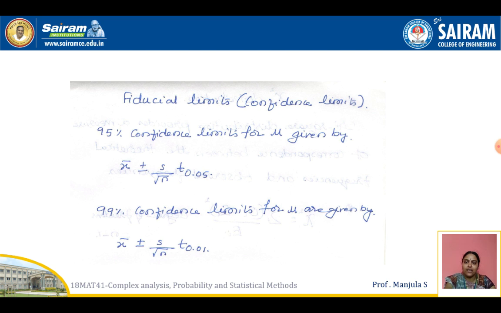Similarly, 99% confidence limits for mu are given by x bar plus or minus S divided by square root of n, T 0.01. This is the formula we use to find the fiducial points or confidence points at 95% level of significance and also 99% level of significance.